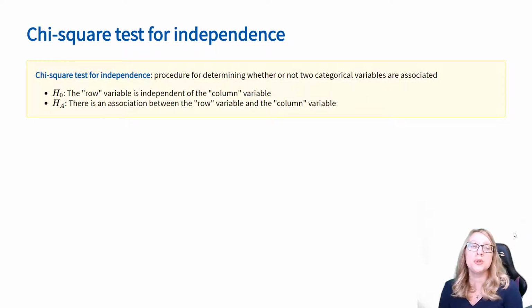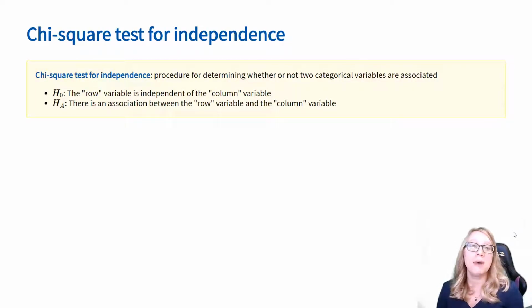In order to compare these two categorical variables, we have breast cancer mortality, which is a survived or not survived type variable. We also have a type of treatment, either mammogram screening or standard breast exam. So we'll need to use a chi-square test for independence here.